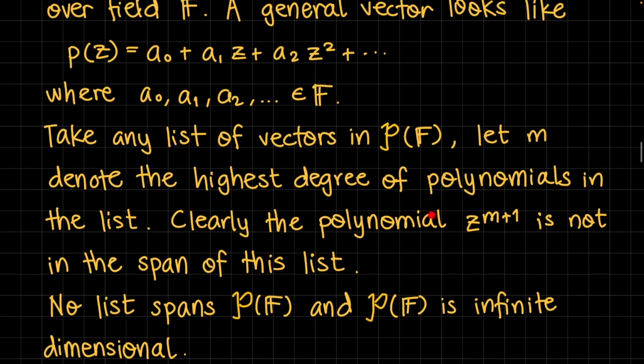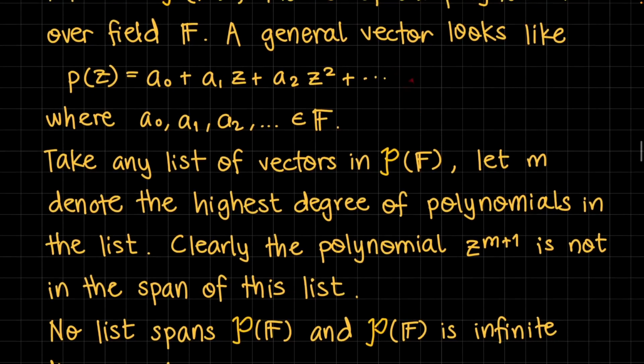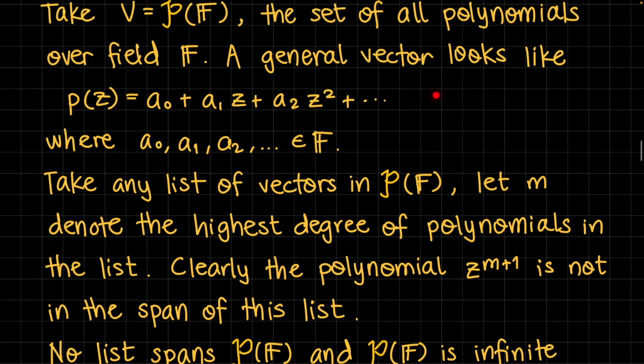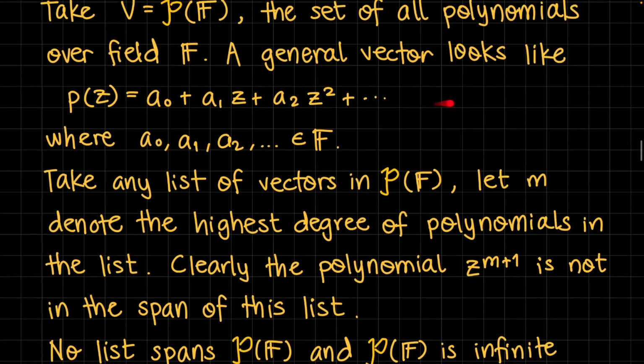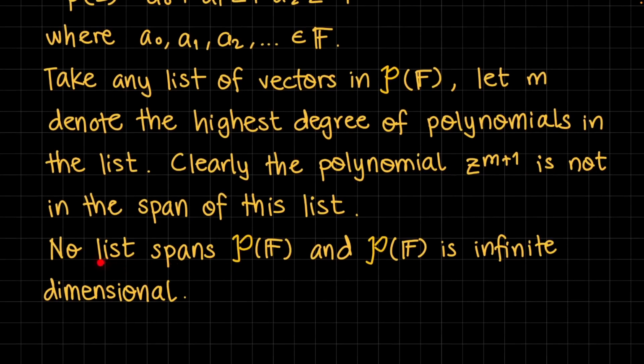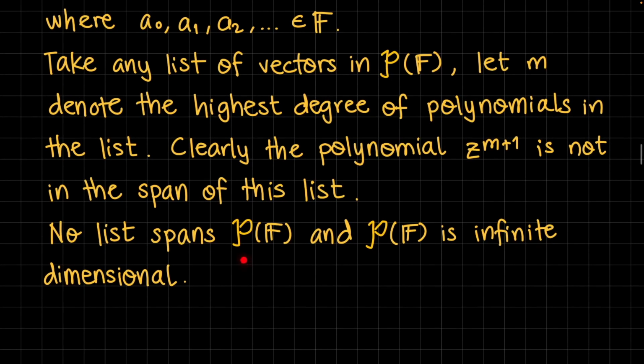So you can't span your entire space with these lists of finite elements because the degrees of polynomials of any general element or vector indeed extends to infinity. So no list spans P of F, and P of F is therefore an infinite dimensional vector space.